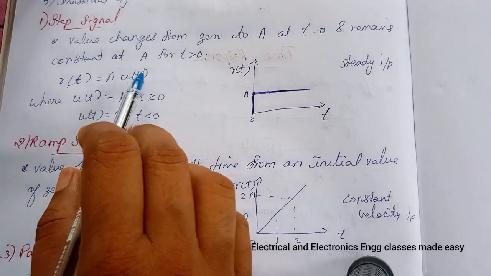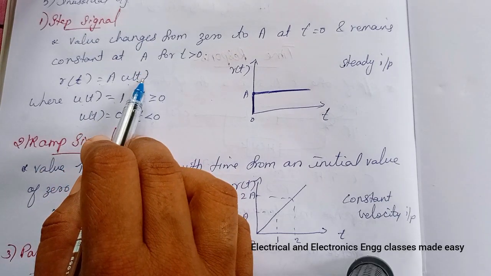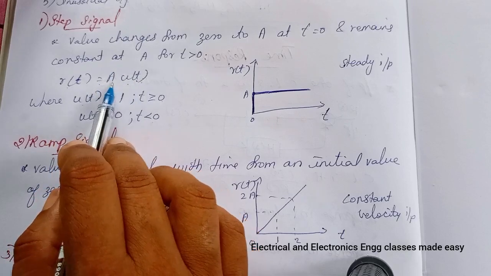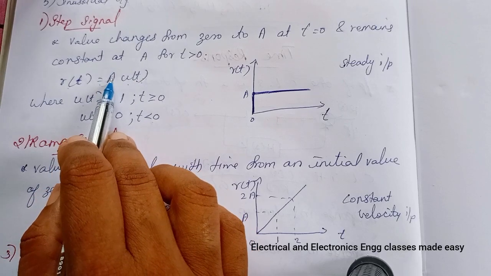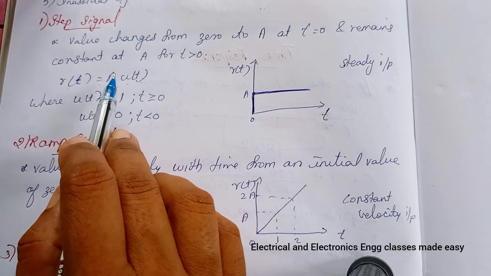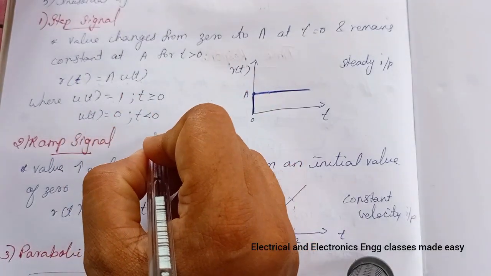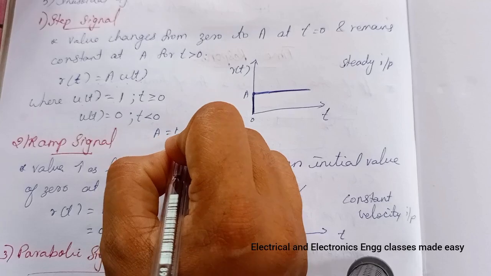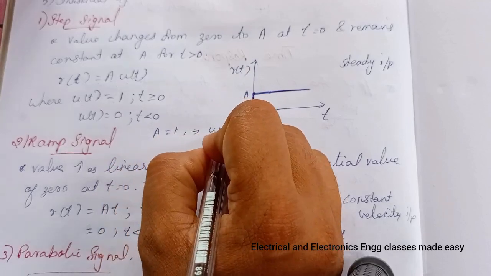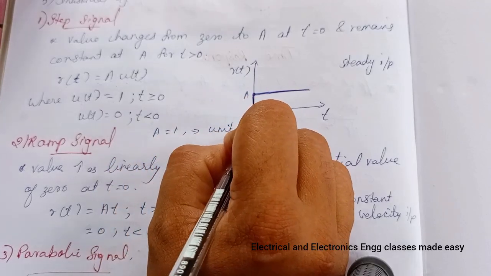Here, if the magnitude A equals 1, it is called the unit step signal.